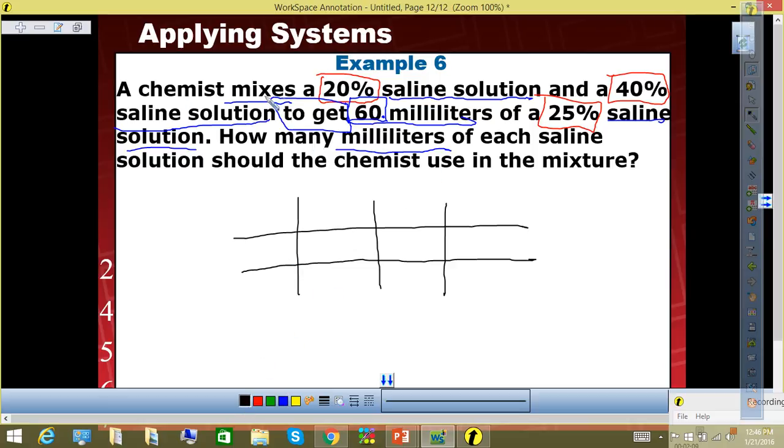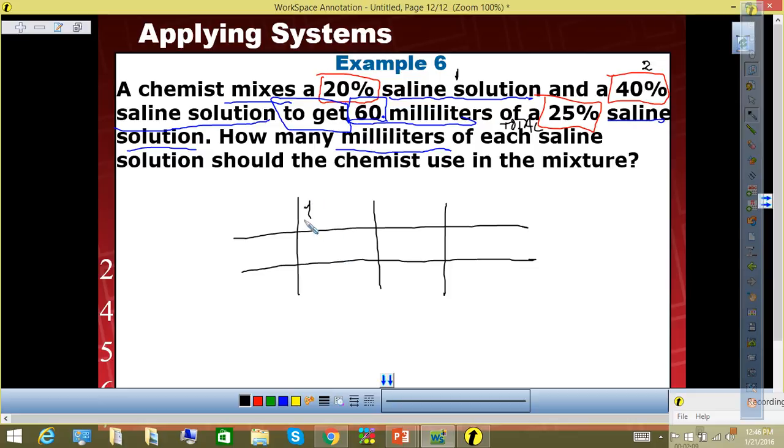A chemist mixes 20% saline solution. So we're going to label this one a little 1 right there, because that's our first mixture. And a 40% saline solution. So this is our number 2. To get, what does that mean? Equal to what? All this, which is the total. Does that make sense? The 60 milliliters of 25% saline solution.